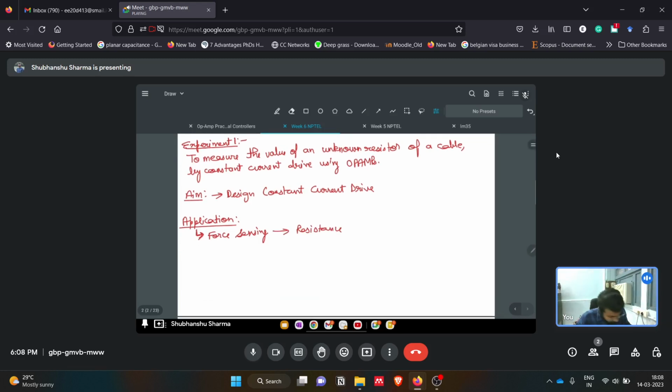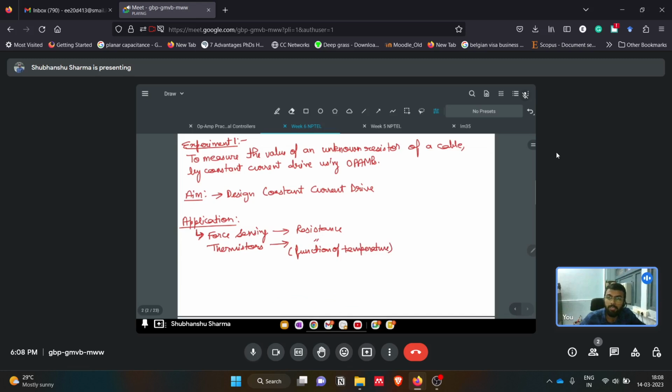Then we have thermistors, as I talked about. Here the resistance is a function of temperature.